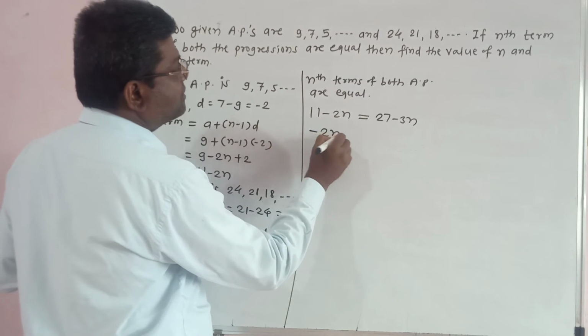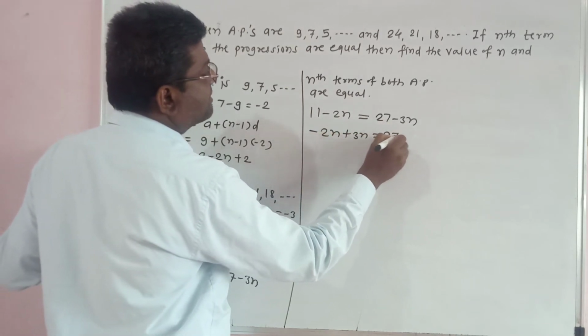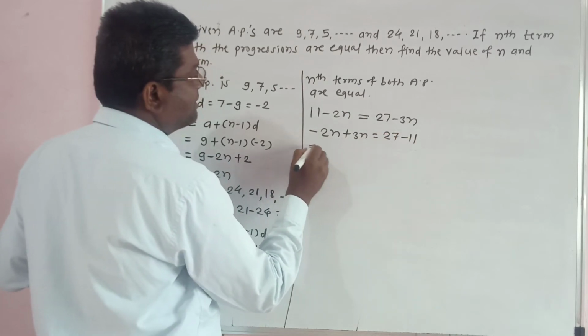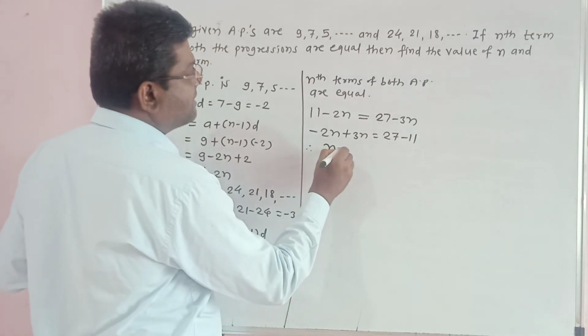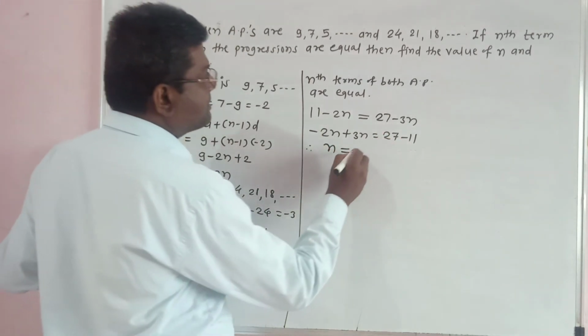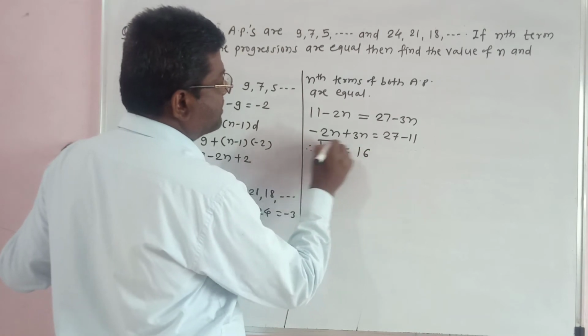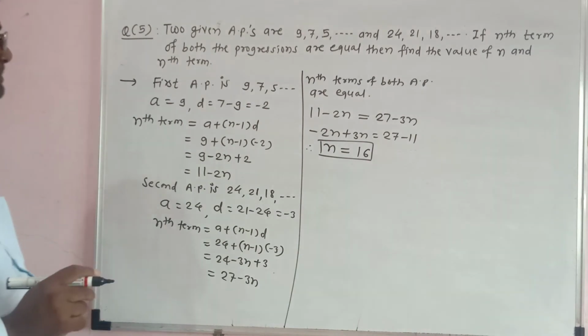Therefore minus 2n plus 3n is equal to 27 minus 11, that is n is equal to 27 minus 11, which is 16. Therefore we get the value n is equal to 16.